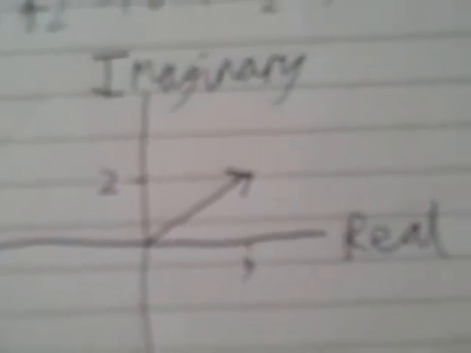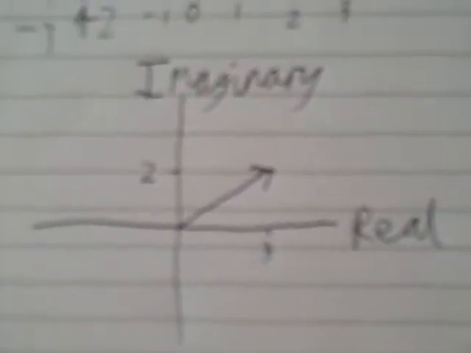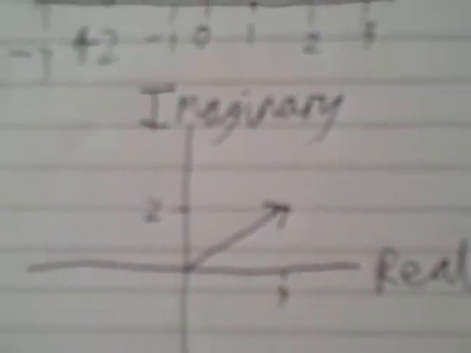If I wanted to represent on the same diagram, say -3 - 2i, I would go -3, -2, find the point, and join them up with an arrow.